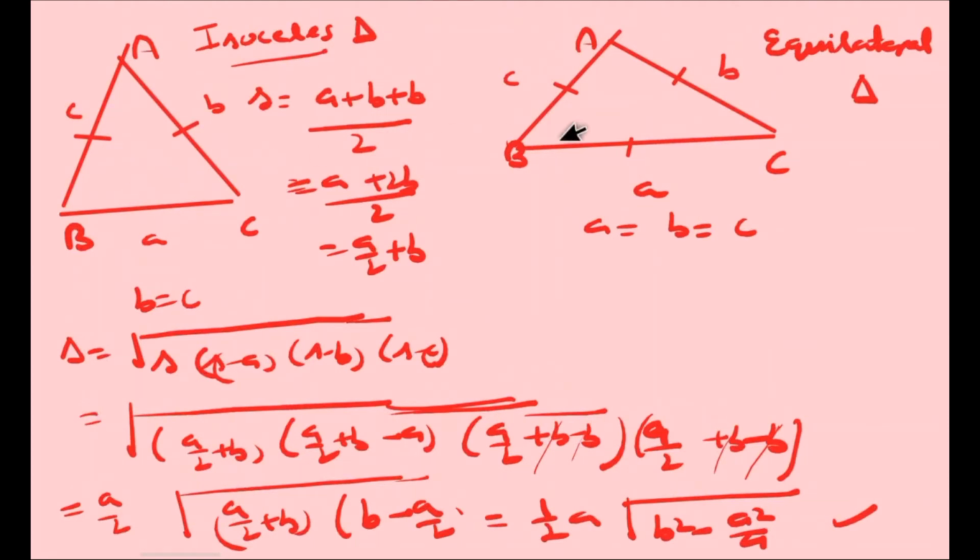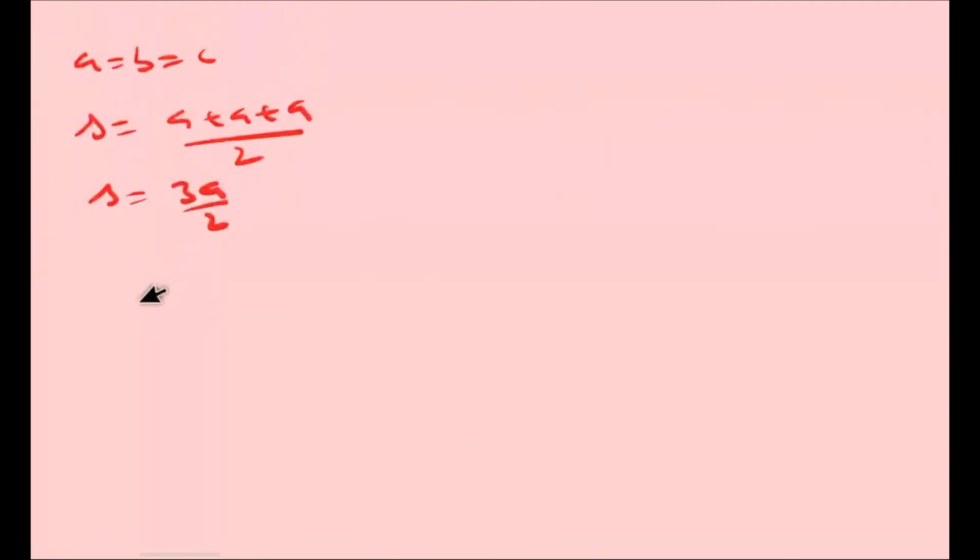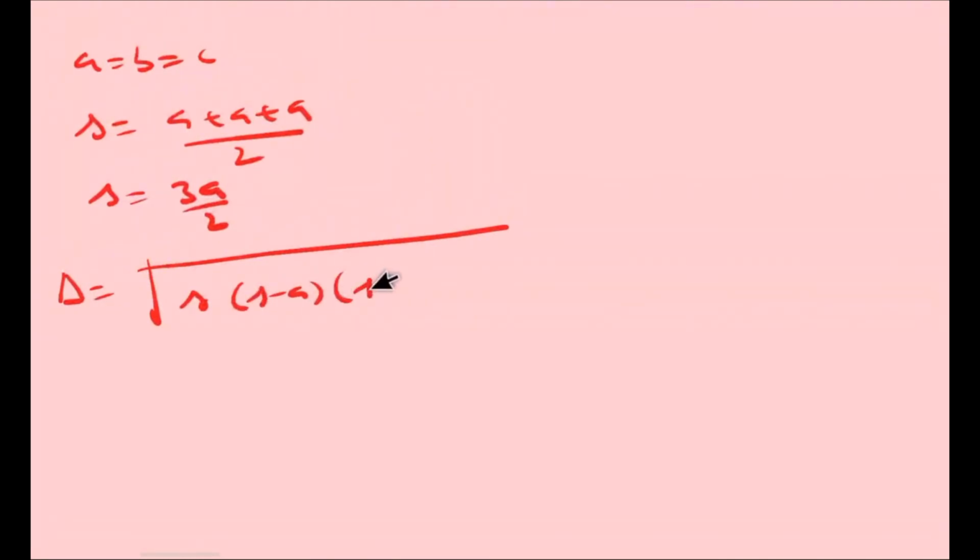Okay, now what happened about this? Now if a equal to b equal to c, we are finding s as a plus a plus a upon 2, that is 3a upon 2. Now what about the area? Under root s into s minus a, s minus b, s minus c.